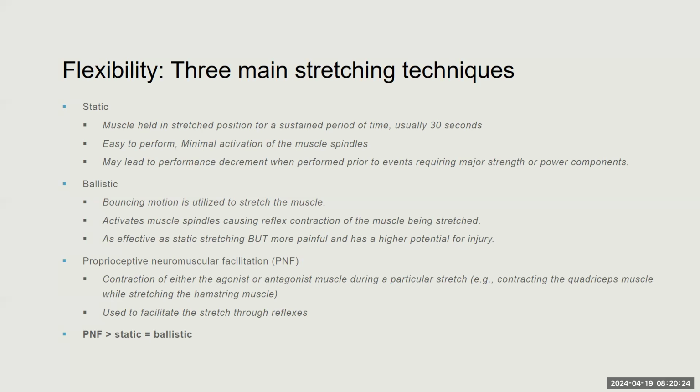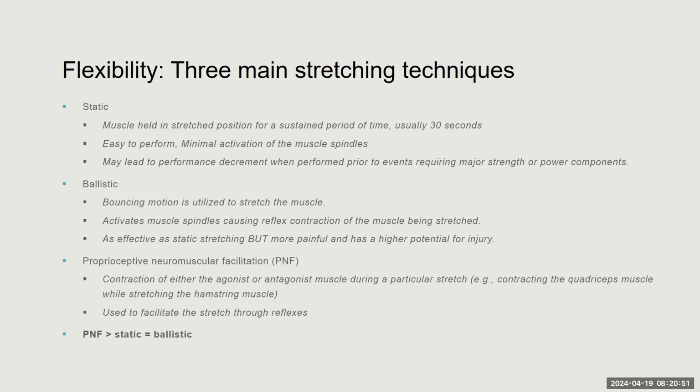Ballistic stretching is using a bouncing motion to stretch the muscle. It's going to activate a lot more muscle spindles, causing a reflex contraction of the muscle being stretched. It's as effective as static stretching, but in theory more painful, and there's a potential for injury here. PNF, or proprioceptive neuromuscular facilitation, is when you have a contraction of either the agonist or antagonist muscle during a particular stretch.